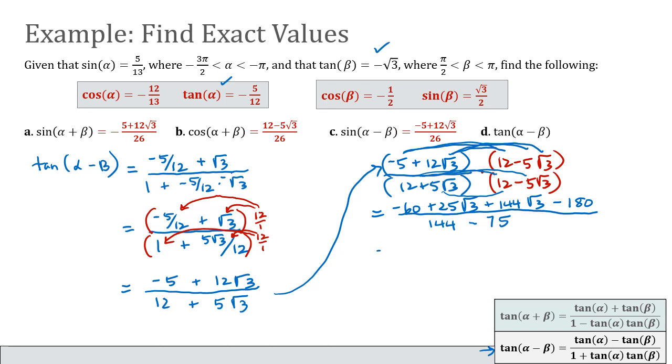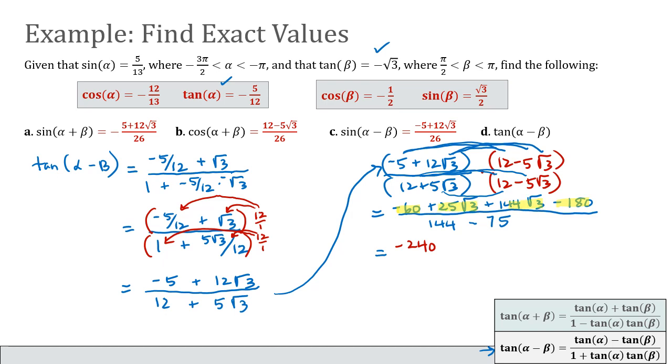All right. So the last step now is just to simplify. Up in the numerator, it looks like I've got some like terms. I've got the -60 and the -180. -60 and -180 is -240. And then I also have the roots, don't I?